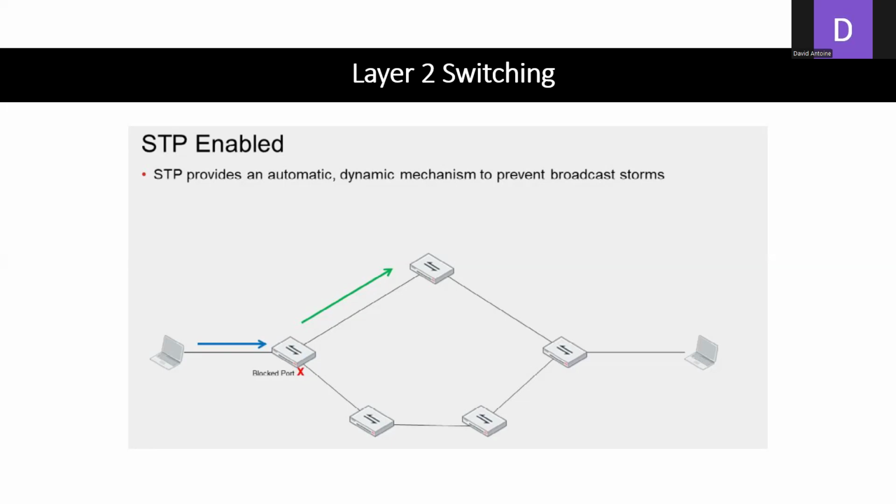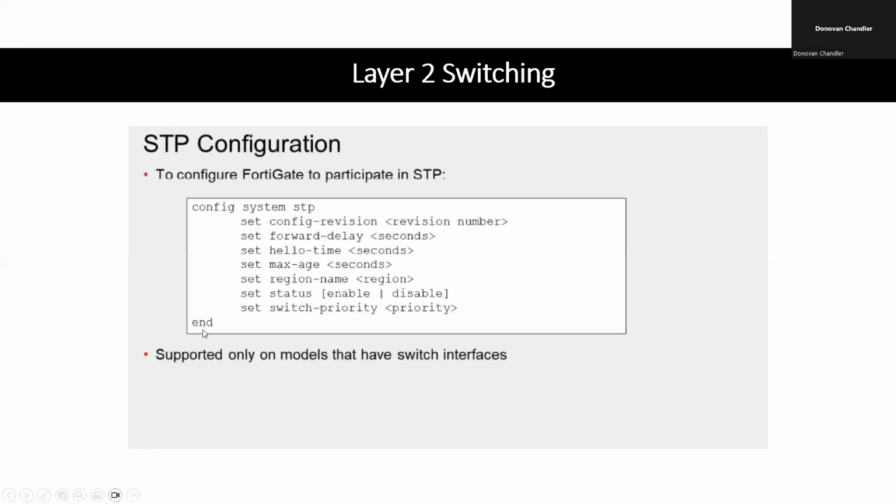By default, those ports off the FortiGate that are now a software switch do not participate in STP. They don't send BPDUs or anything. The administrator is going to have to enable it.